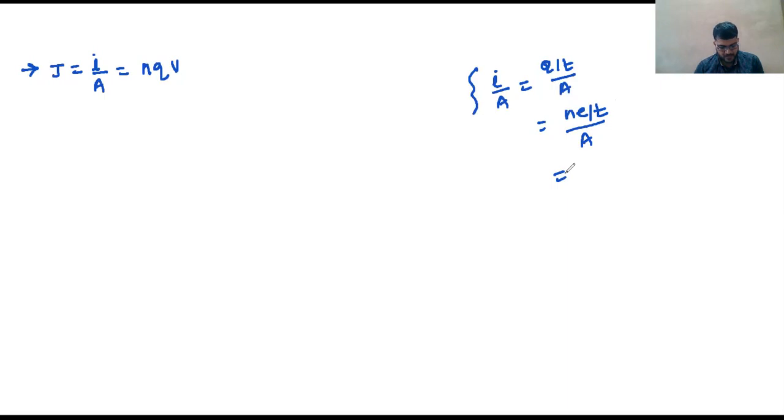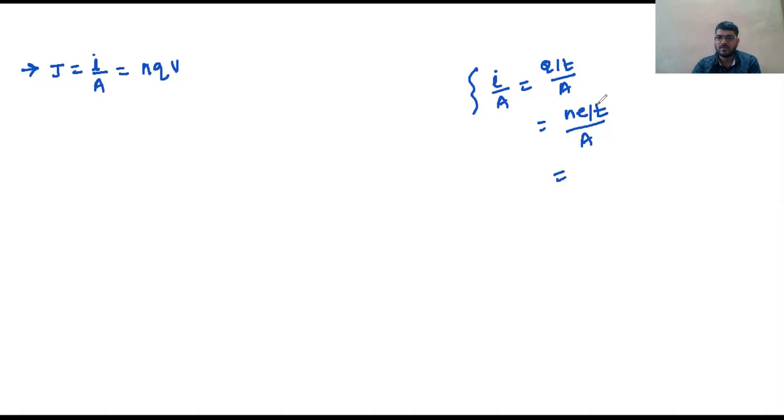Here n is the number of electrons. E by t we have, and we have just substituted the velocity. So now see what happens here: I by A gives n e by t by A. If I substitute the number of electrons per unit volume, and take area into length and then length by time, the area will get cancelled.